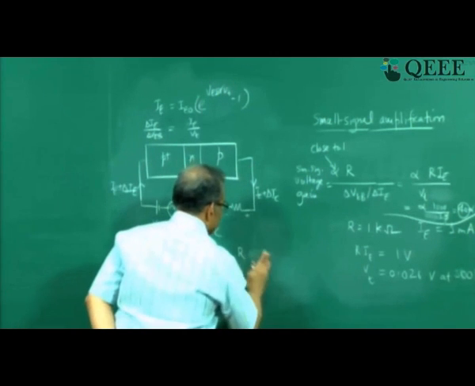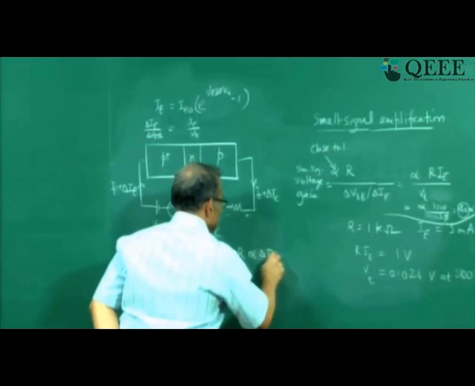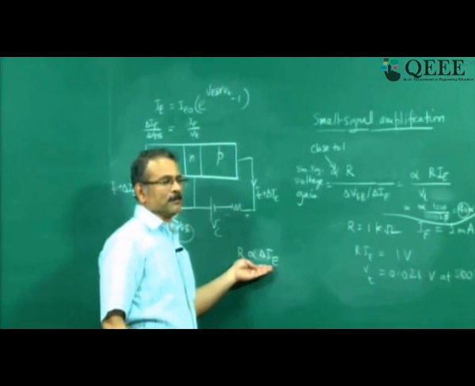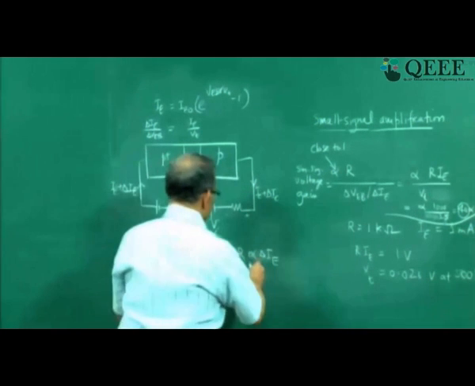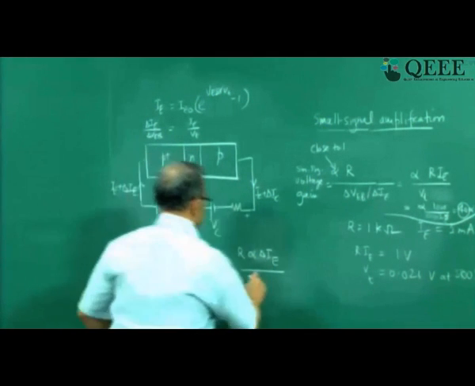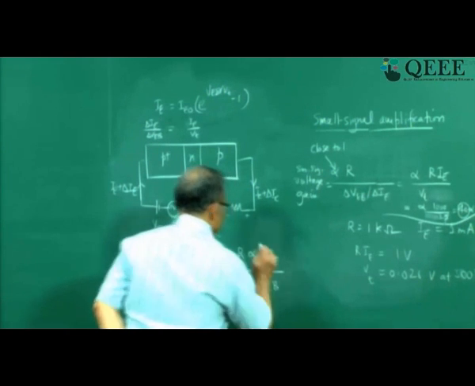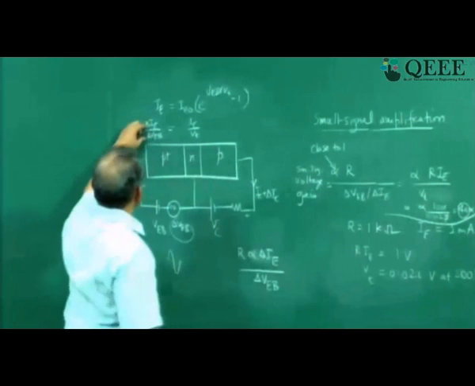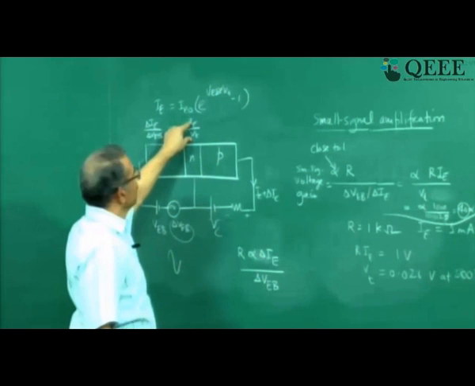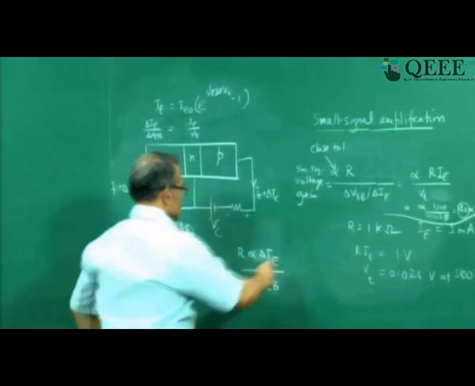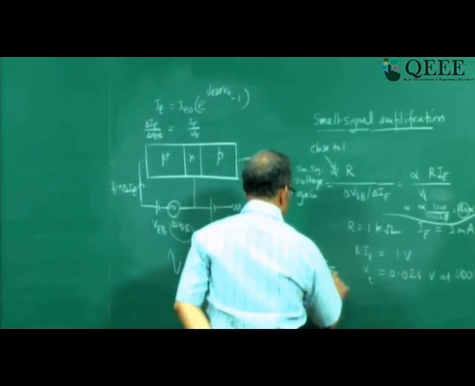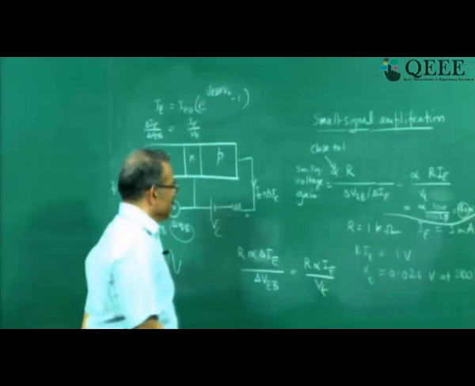So I will replace delta IC by alpha into delta IE and take the ratio to delta VEB. Now, delta IE by delta VEB is IE by VT by differentiating this. So this is equal to R into alpha into IE by VT.